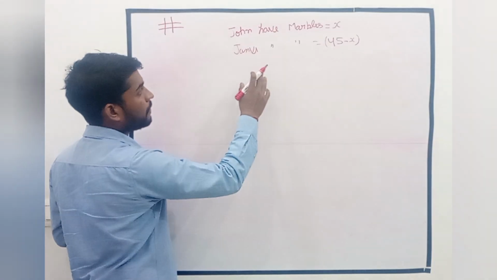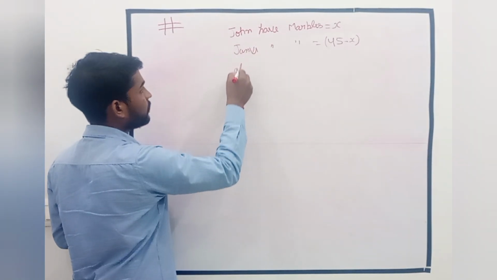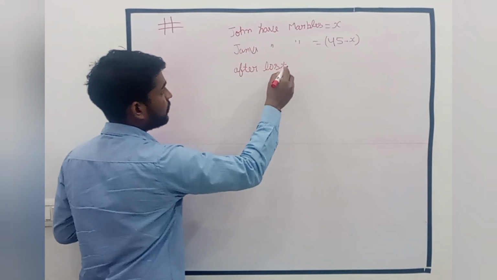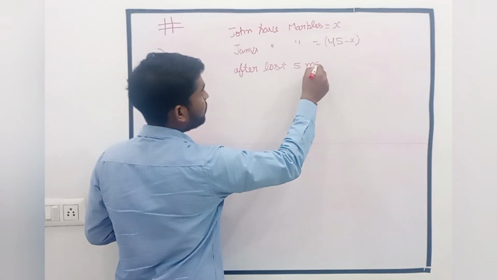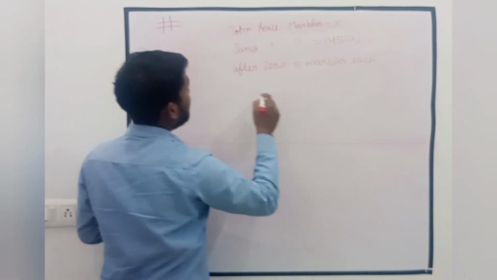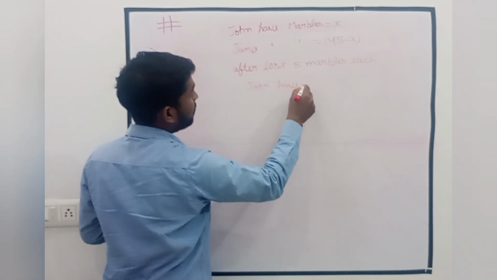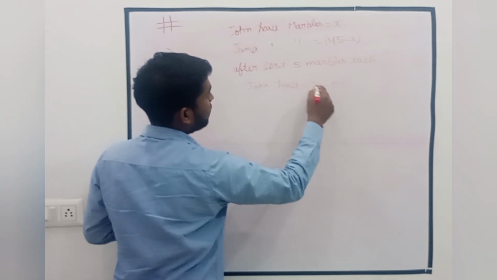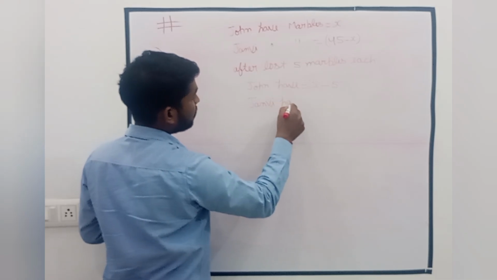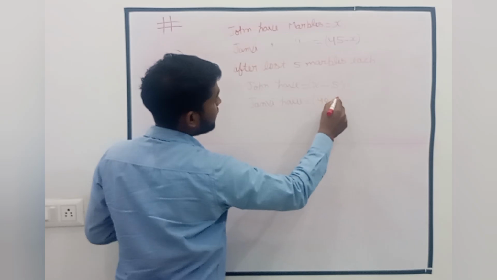Then both of them lost 5 marbles each. After losing 5 marbles each, John has x minus 5, and Janvi has 40 minus x.